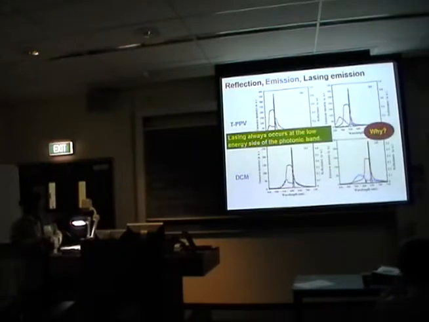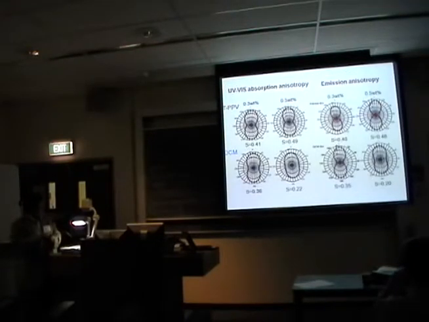So the question is why? This is how the two dyes align to the liquid crystal. And in the case of P2V, with increasing dye concentration, the order parameter increases. So it's well aligned.